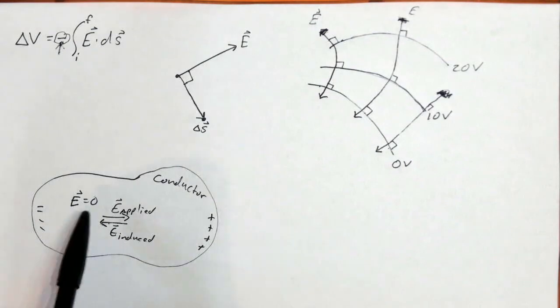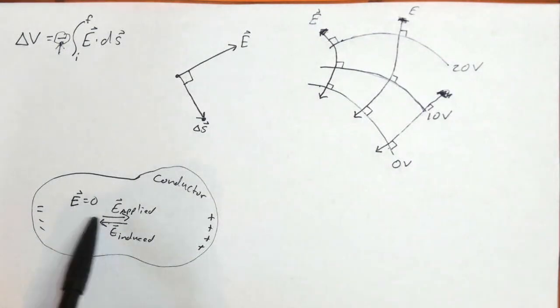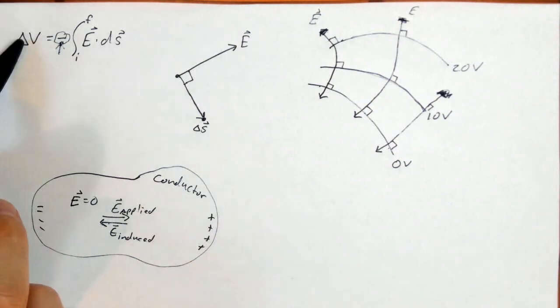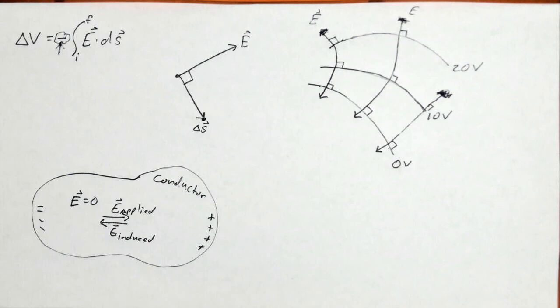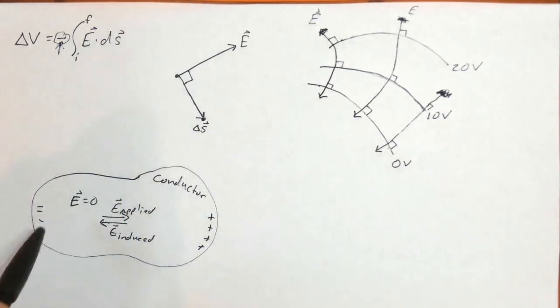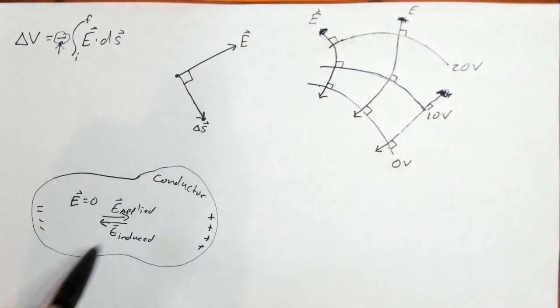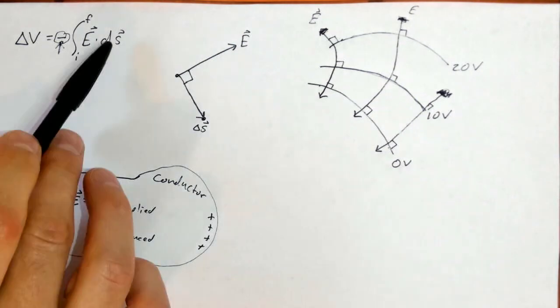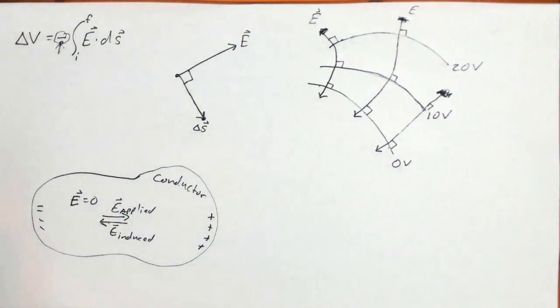So if the electric field is 0 inside this conductor, then what is the potential difference between any 2 points on that conductor? The answer is 0. No matter what path I take, from here to here, or all the way around to here, it doesn't matter.